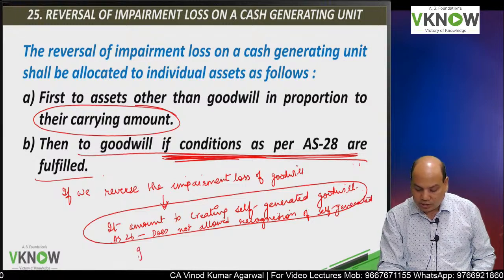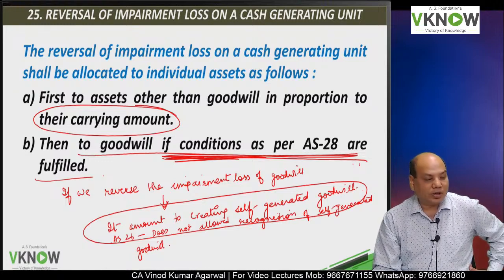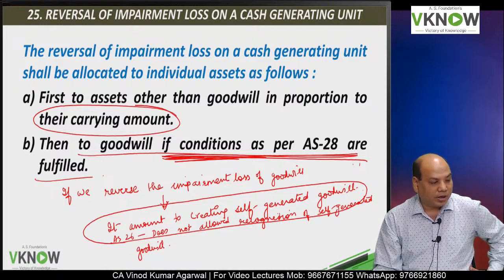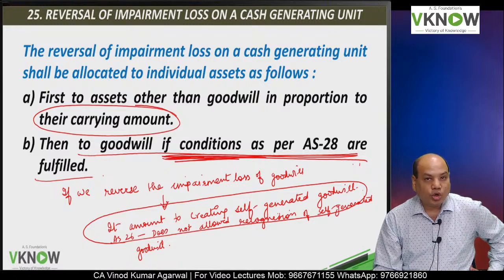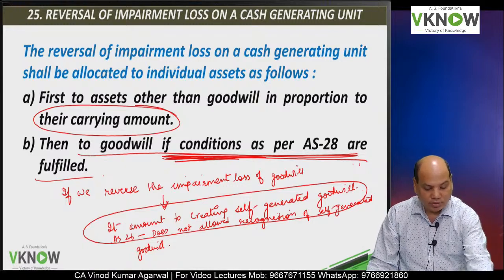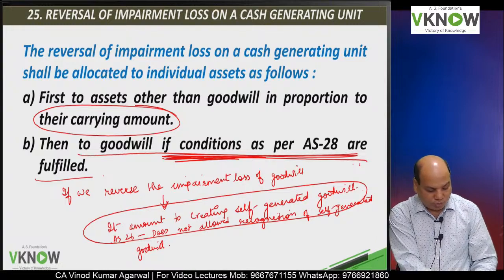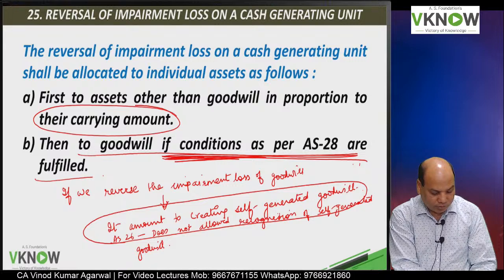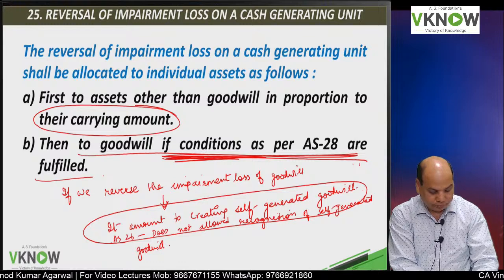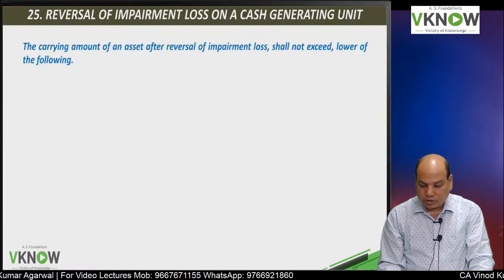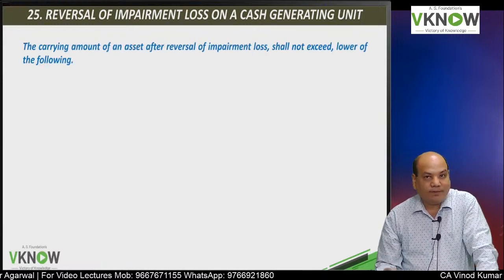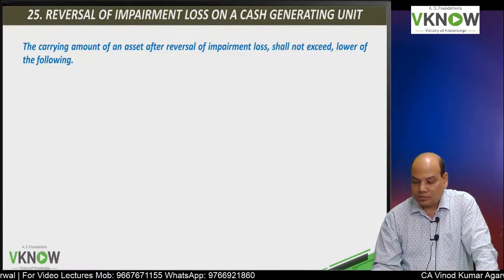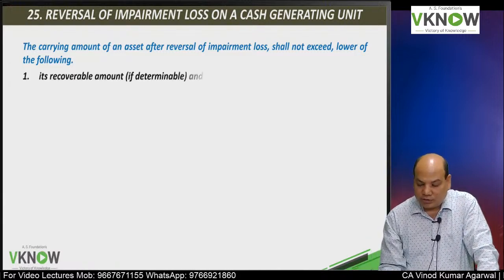I hope you have studied AS 26 intangible assets, where self-generated goodwill and self-generated brands are not created. But if two conditions are fulfilled, then goodwill can be reversed.